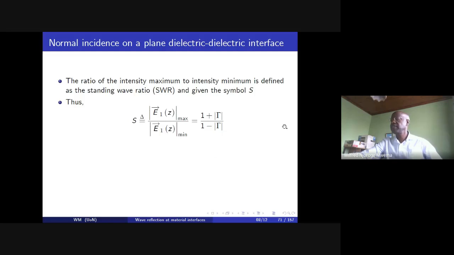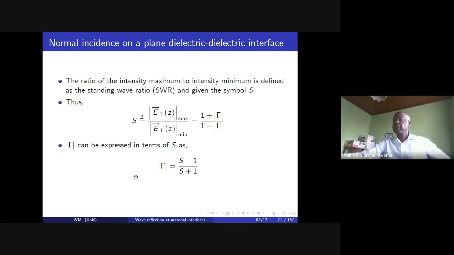But since they are all the same, we usually, by convention, just use the standing wave ratio as defined for voltages. So we can get the modulus of gamma in terms of the standing wave ratio in the following form: gamma is equal to S minus 1 over S plus 1.